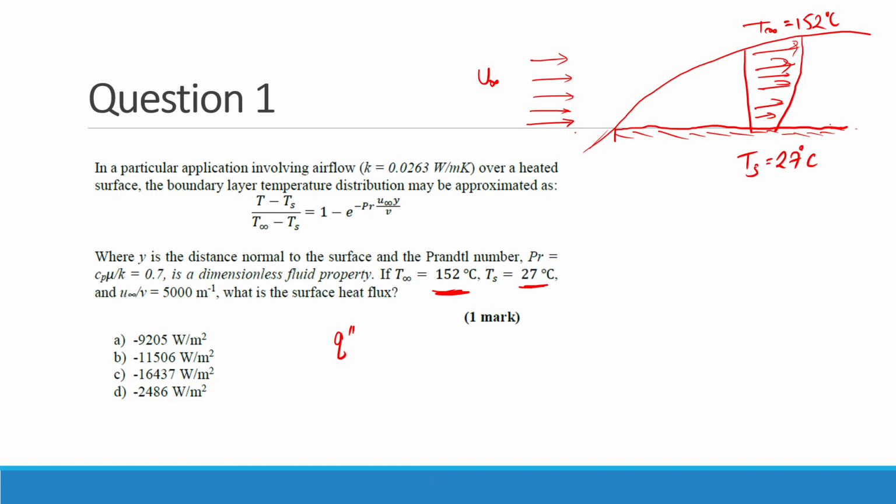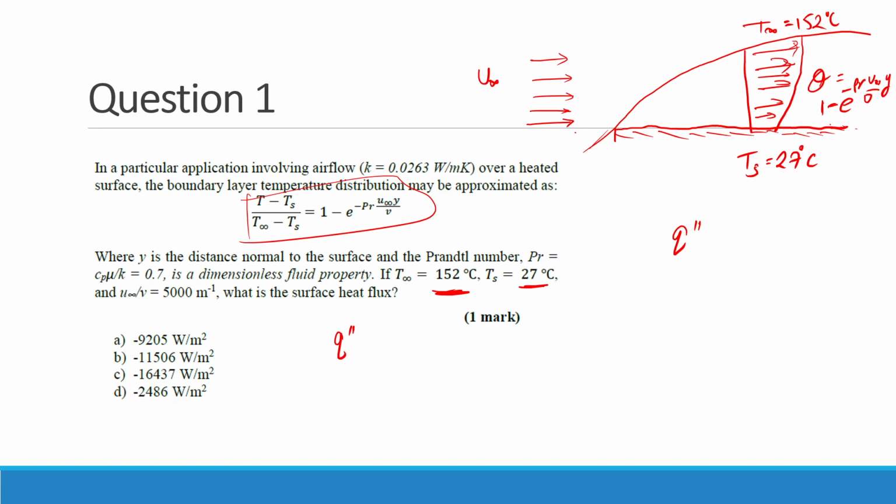And within this we have been given this temperature distribution given by this equation, that is theta is equal to 1 minus exponential of Prandtl number, mu infinity, v by y. And ultimately we have been asked to find the surface heat flux, that is q double dash.